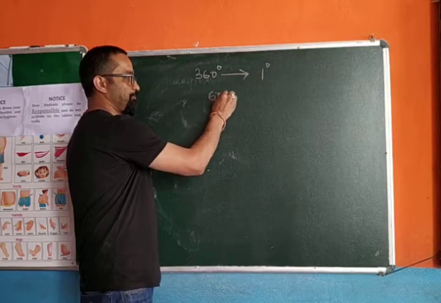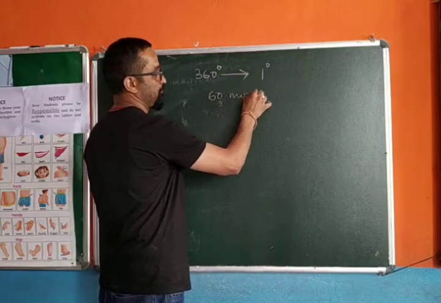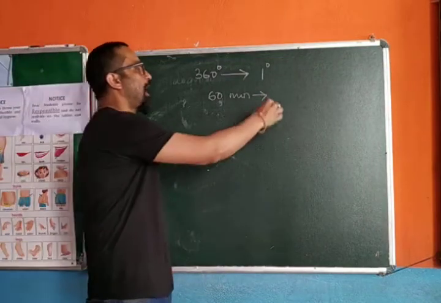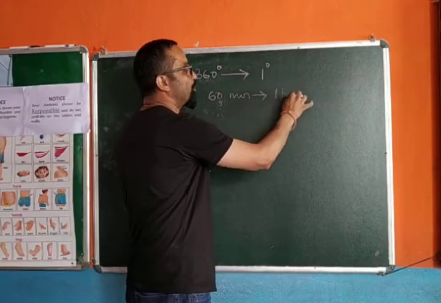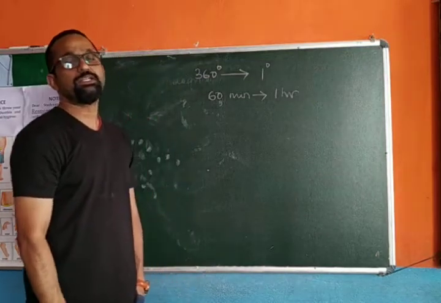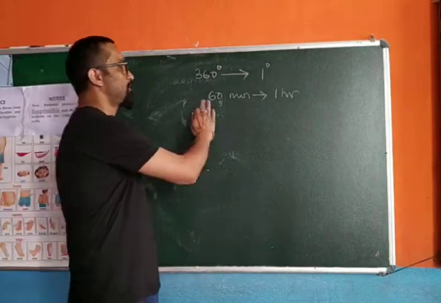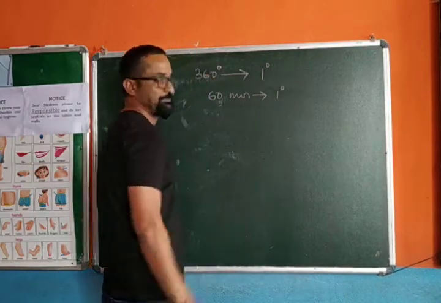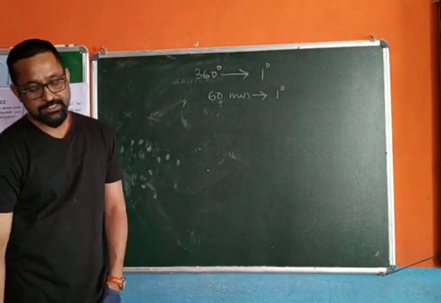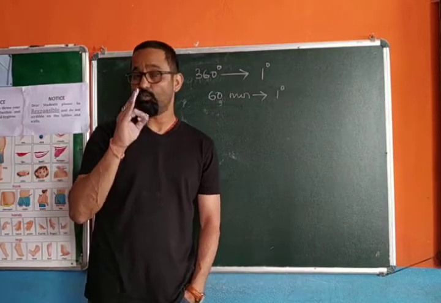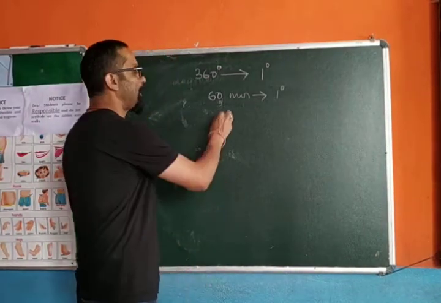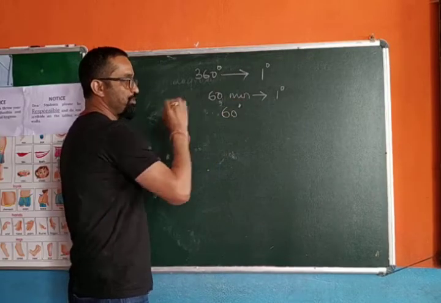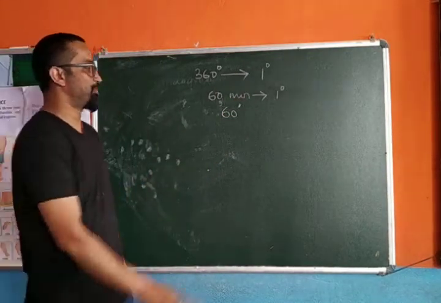60 minutes is considered as 1 hour. But in terms of angles, 60 minutes is considered as 1 degree. 60 minutes is equal to 1 degree, and it is written like this. 60, we put a dash at the superscript.